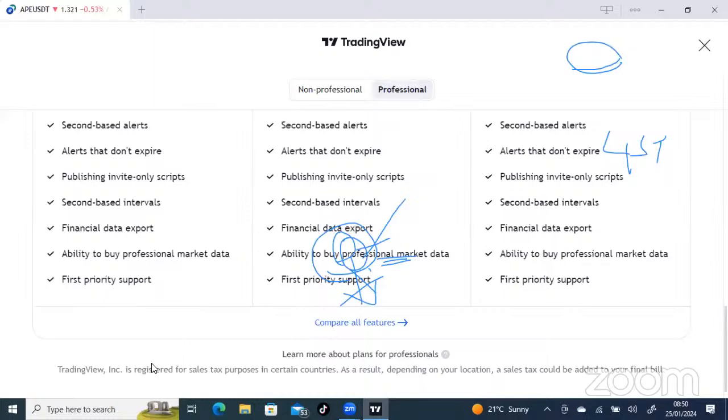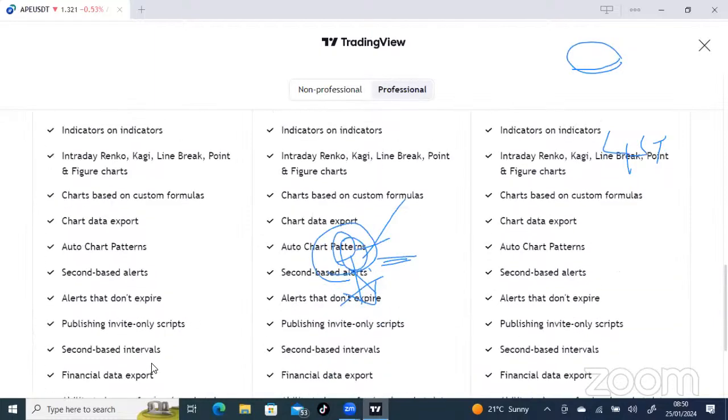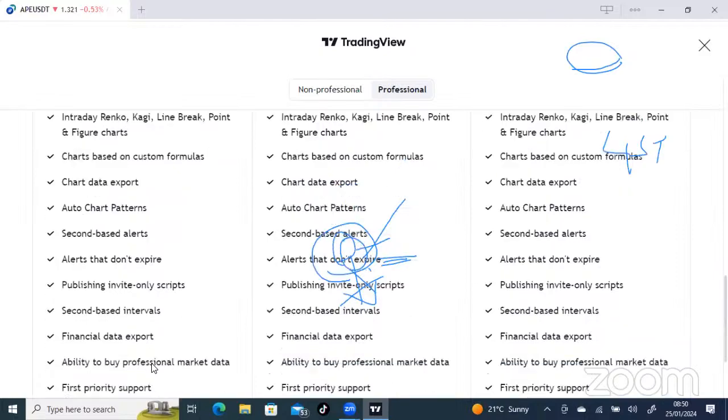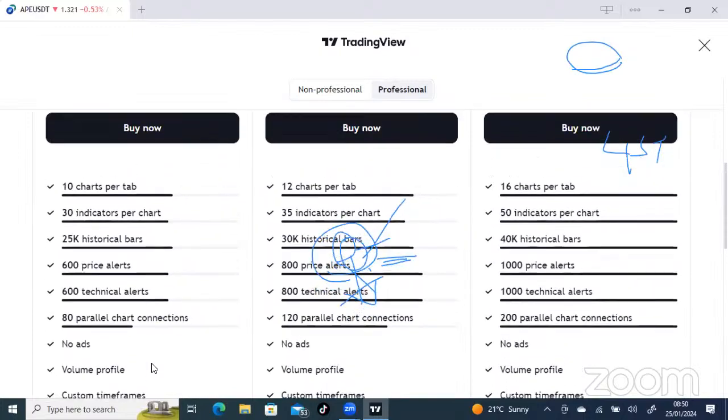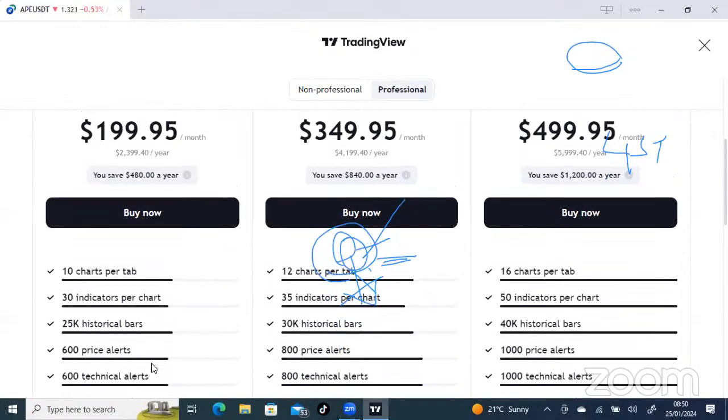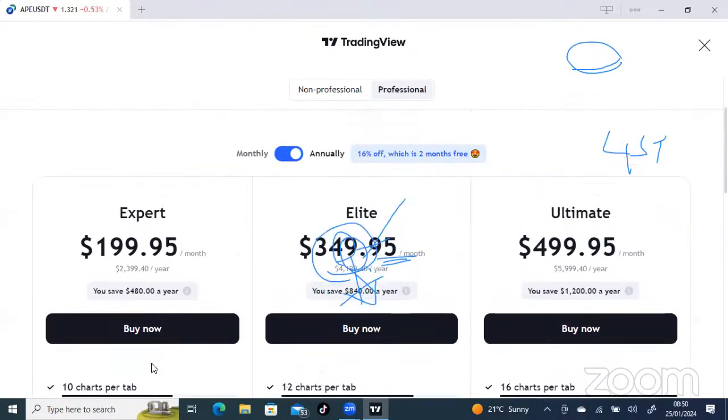What about before I go professional? You want to steal from me because I tapped on non-professional. Experts pay more money. I'm non-professional.